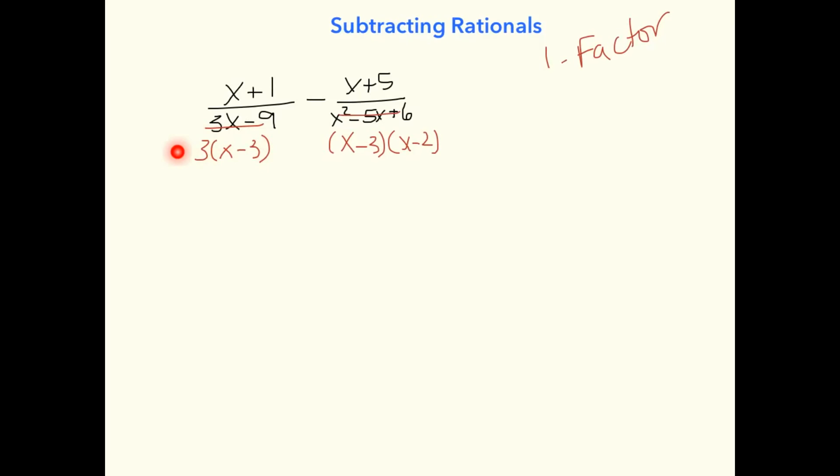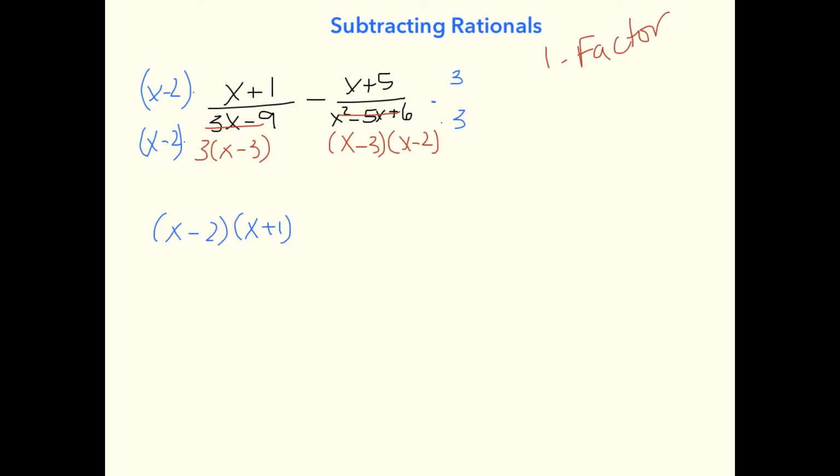So you can see we've got 3 times x minus 3 and then x minus 3 times 2. So this side is missing a 3 and this side is missing an x minus 2 on the denominator. So we multiply the top and bottom by the same thing. And that gives us the same denominator.